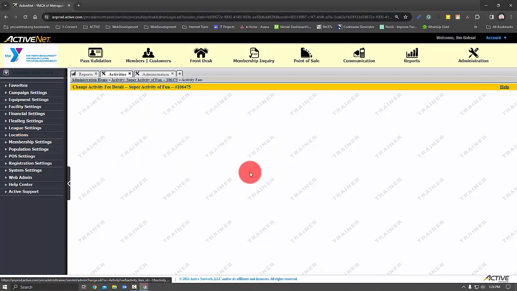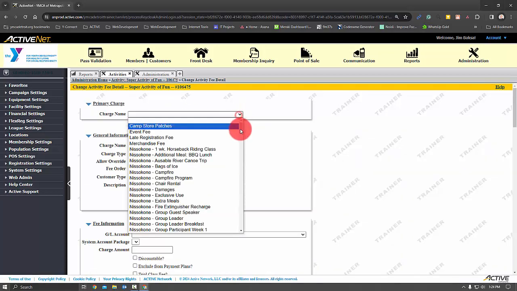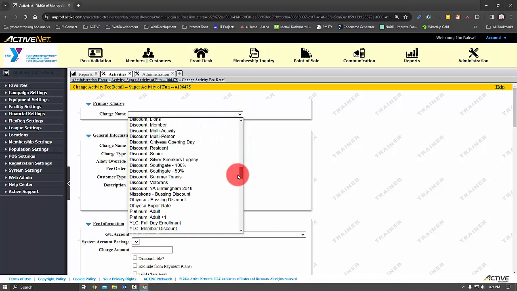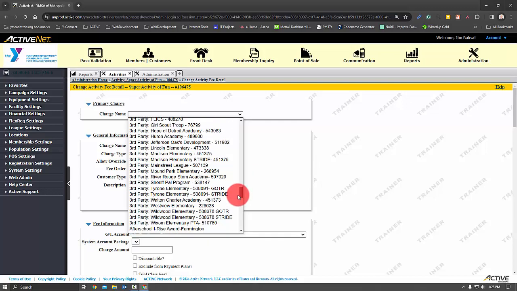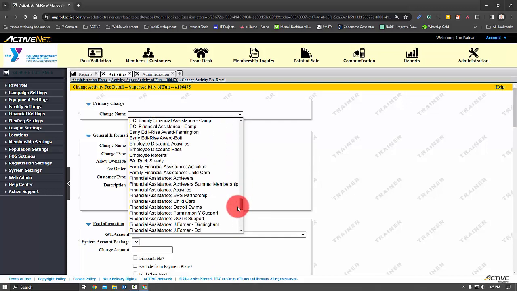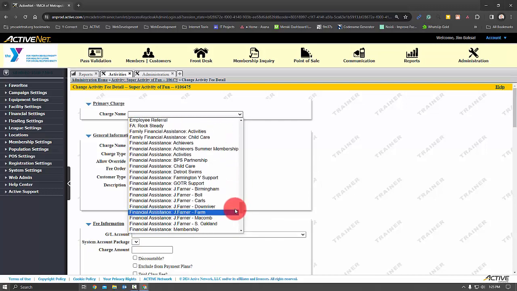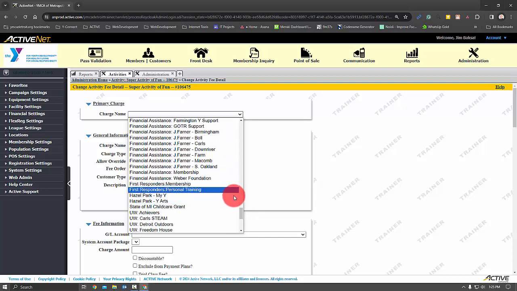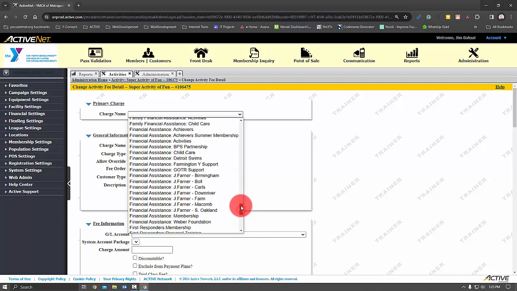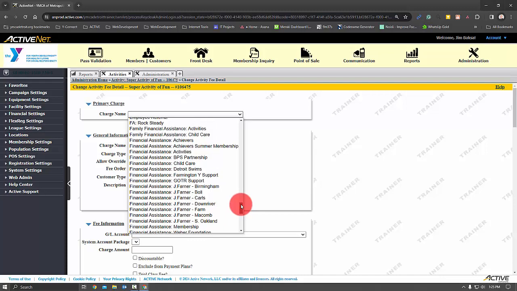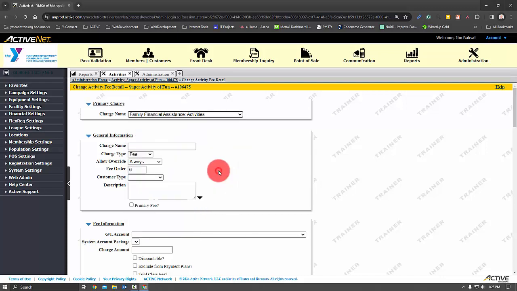We also need to add our scholarships for, where are our scholarships? Financial assistance. So here we go. We have our financial assistance membership, and we've got should have one here for family, and we should have one for family assistance activities.